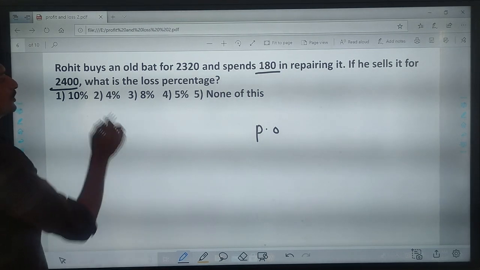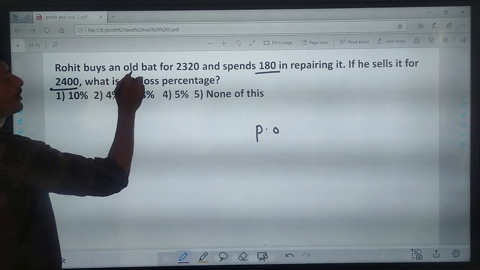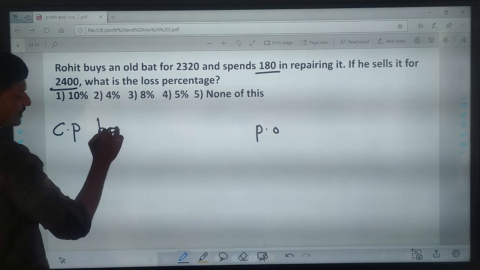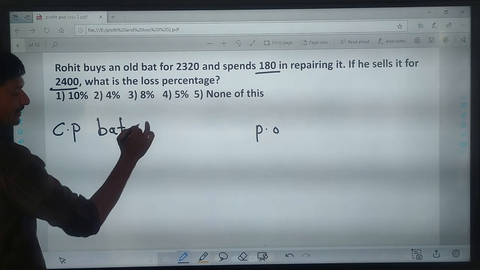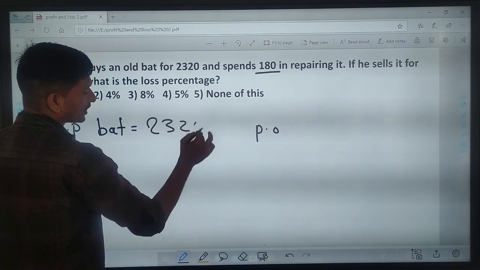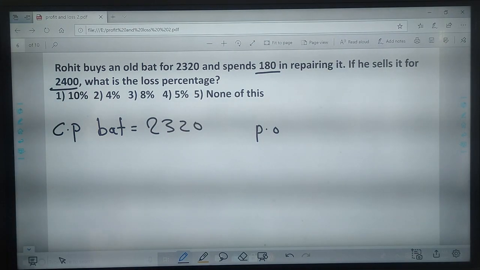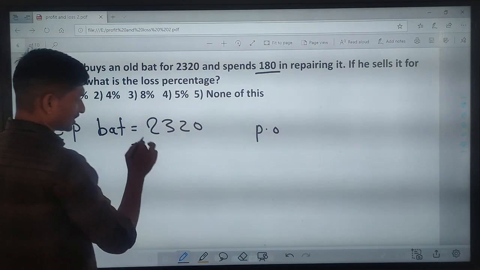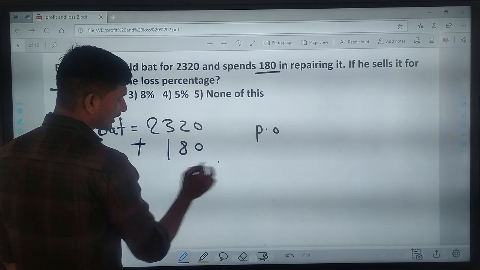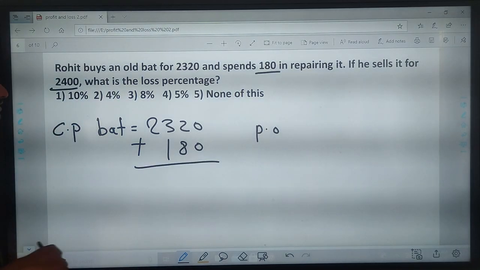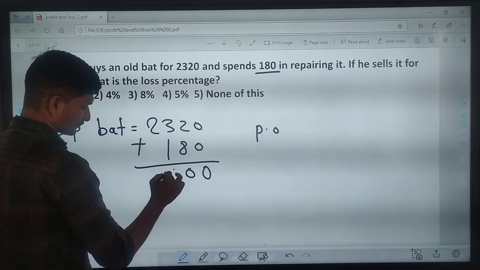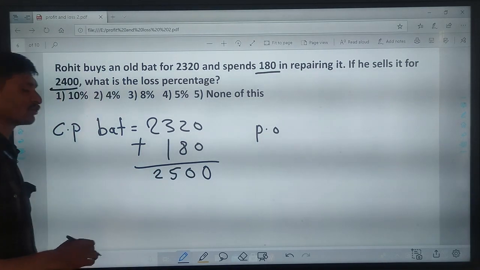Here Rohit buys an old bat. Then cost price of the bat is equal to this buying price, and also he spends 180 rupees for repairing. Now total cost is 2,500.